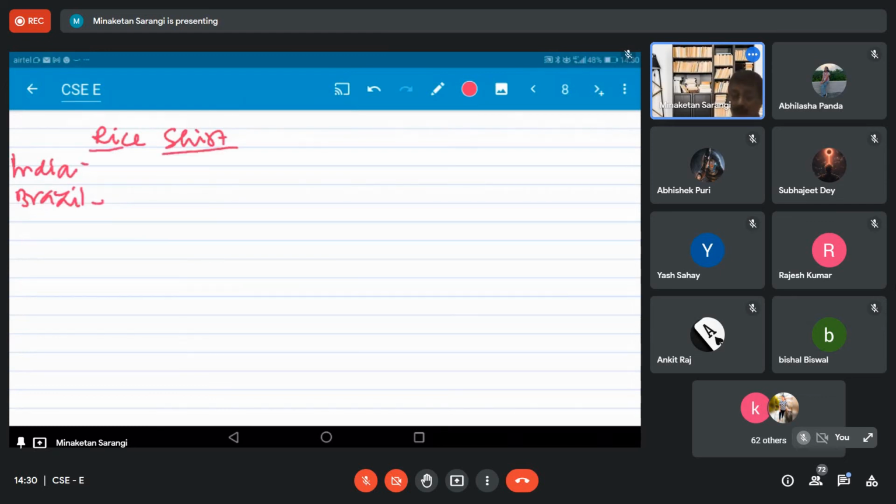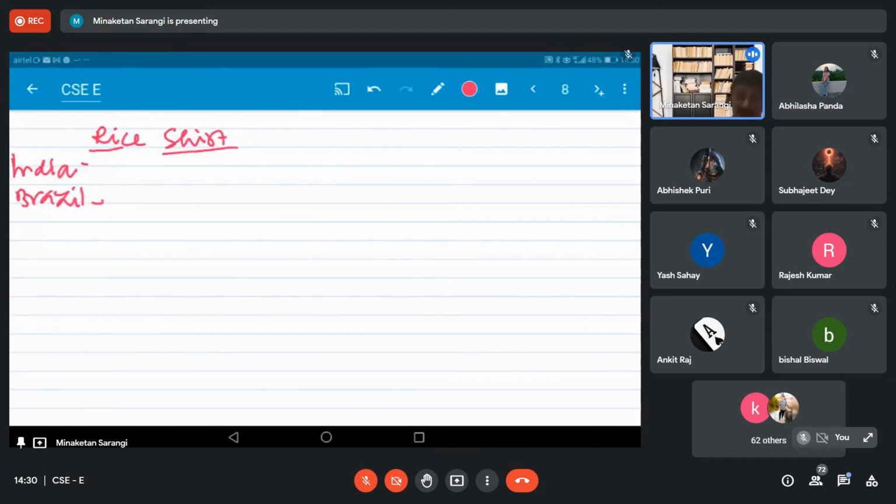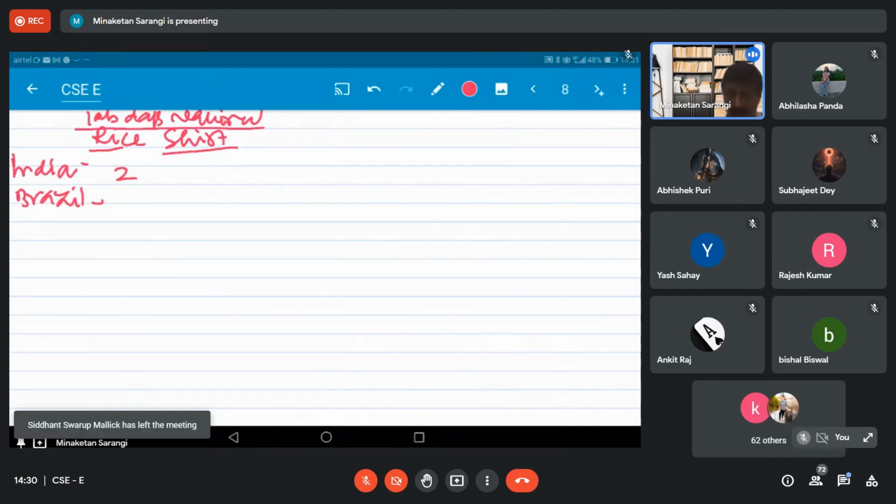The same figures, 2 and 4, I will retain. India requires 2 labor days. We should say labor days required to produce 1 unit of rice and 1 unit of sat.